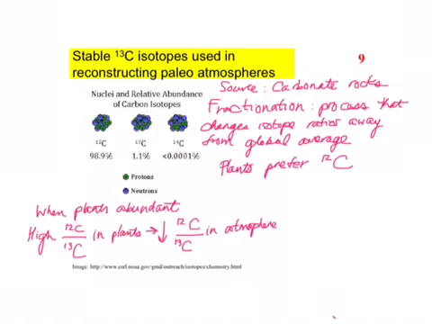Well, atmospheric carbon dioxide dissolves in the ocean to make bicarbonate. And so what this means is that because there's a low C12 to C13 ratio in the atmosphere, there's also a low C12 to C13 ratio in ocean bicarbonate. So this is the bicarbonate ion that I'm writing here.